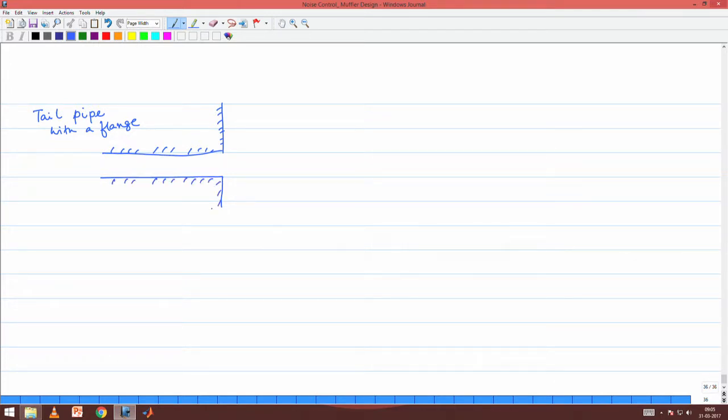So, when the tailpipe comes with a flanged outlet, then the radiation impedance Z0 has two parts, R0 plus iX0, R0 being the resistance, and R0 is given by Y k square r square by 2, and X0 the reactance is given by Y times 0.85 k r. This is just a result I am quoting. The derivation of this result is beyond the scope of this course. It is a result which is available in the literature, and we will simply use it.